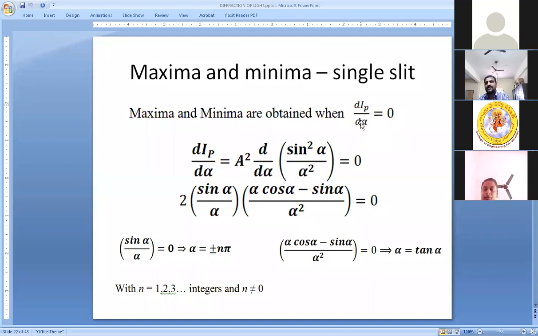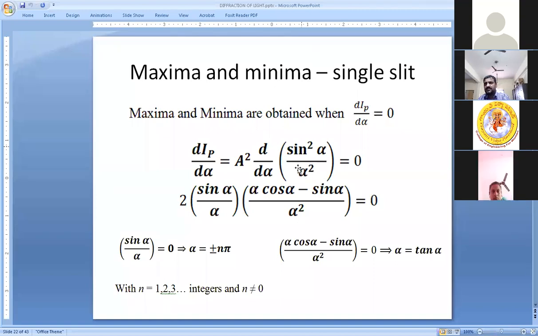First of all, I have to take the differentiation. a square sine square alpha by alpha square is the function. As a is a constant, the amplitude received on the screen, it is not going to vary with alpha, so I am pulling a square outside. So it is d by d alpha of sine square alpha by alpha square. You know the u by v rule. In the denominator you retain alpha square, and alpha square into the derivative of this, minus sine square alpha into the derivative of alpha square.